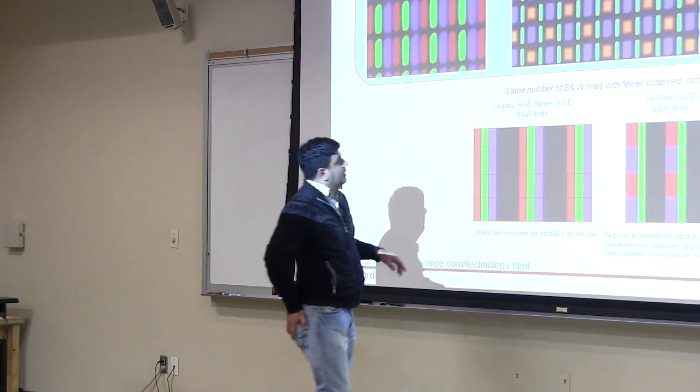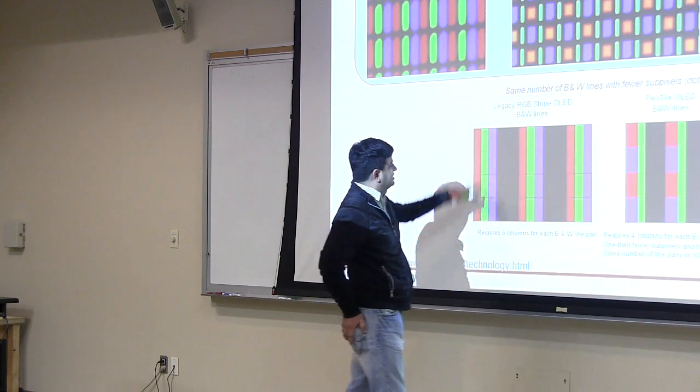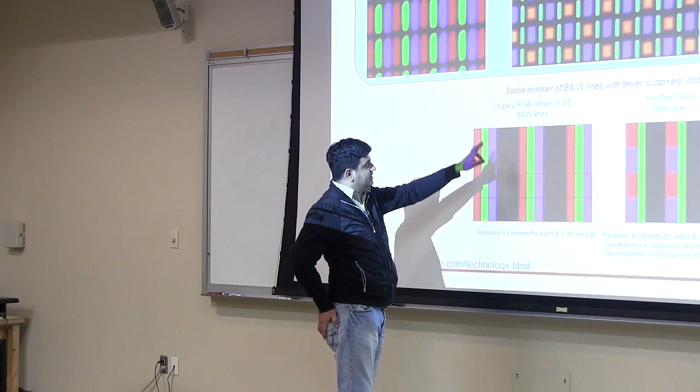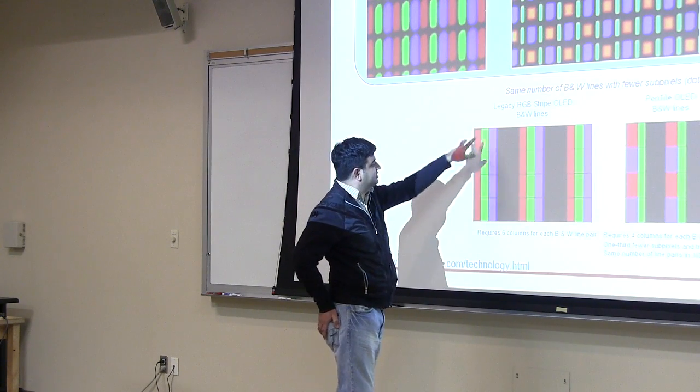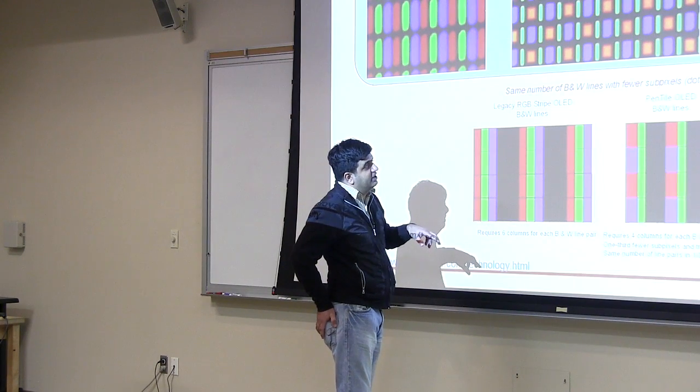So this is your legacy RGB display. It has six of these columns, or 3 columns for each layer, or 6 columns for a pair.